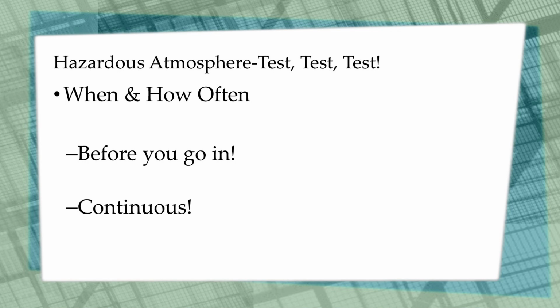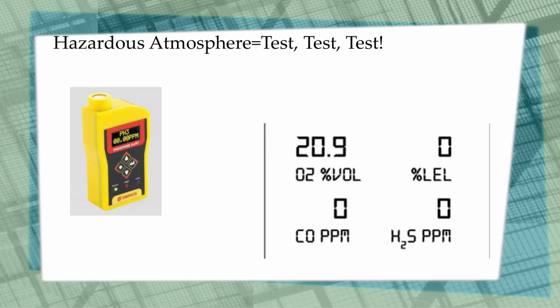Don't forget that there are spaces other than what we think of as dangerous that we need to test and be aware of. Anytime you're in a space that doesn't have natural ventilation or the mechanical ventilation fails, you can have an accumulation of vapors, gas, mist, dust. All that stuff's important that we need to pay attention to.